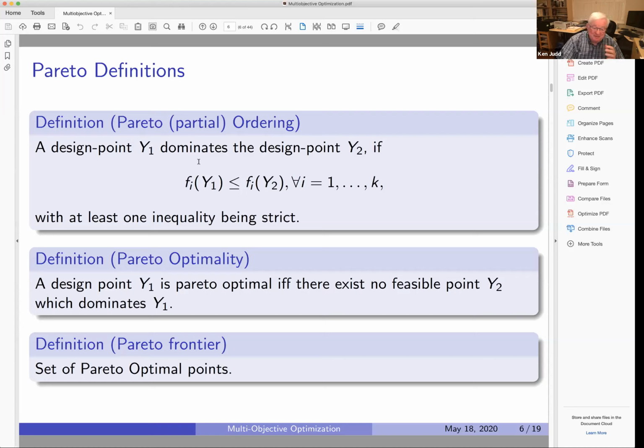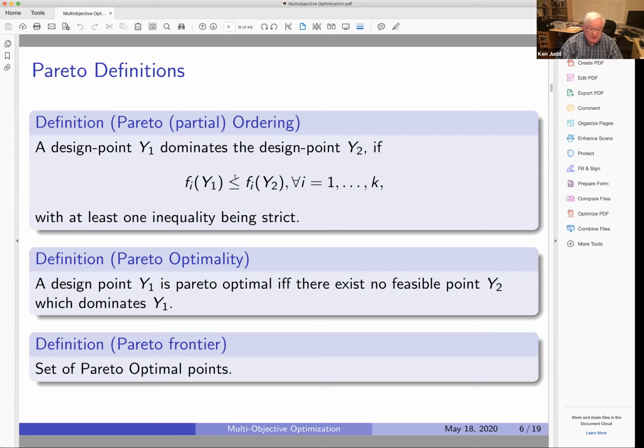So Y1 dominates the design point Y2 if objective i at Y1 is less than objective i at Y2 for all i. So this is a case where we're trying to solve a minimization problem. Now in economics, we want to maximize, and so this inequality would be reversed. This is the problem when you read this engineering literature and then you forget you have to switch inequalities many times.